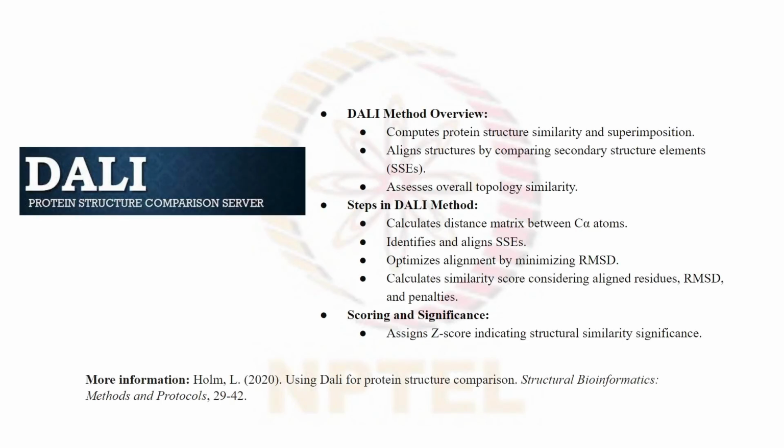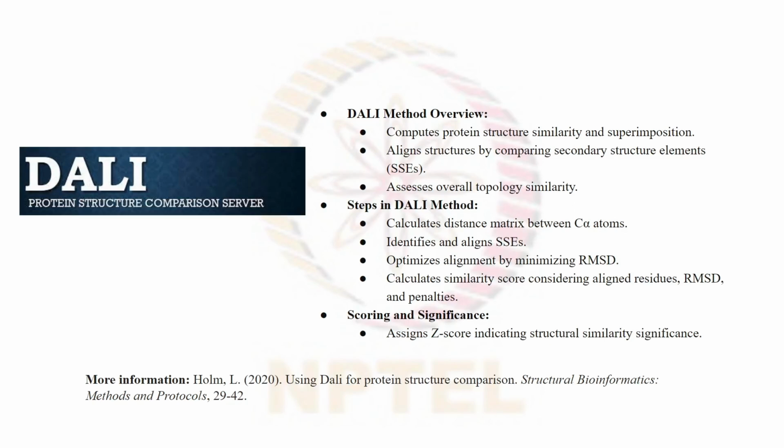So we have a method DALI, which stands for distance matrix alignment, a computational algorithm for comparing and superimposing protein structures. This method compares structures by aligning their secondary structure elements and assesses the overall topology similarity. We have seen the least square method, which overlaps C alpha atoms and then checks the overall similarity in topology. Here, this method aligns their secondary structure elements and assesses the overall topology.